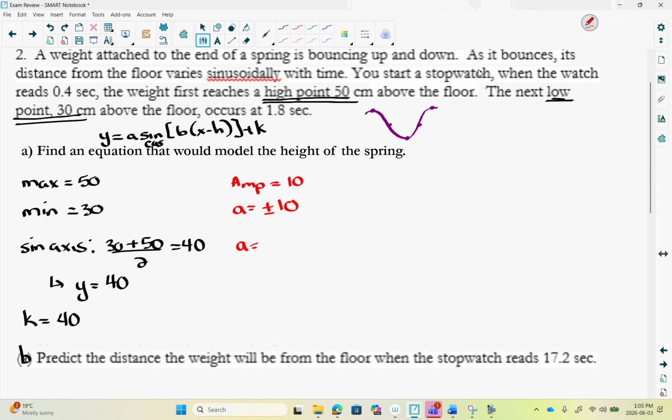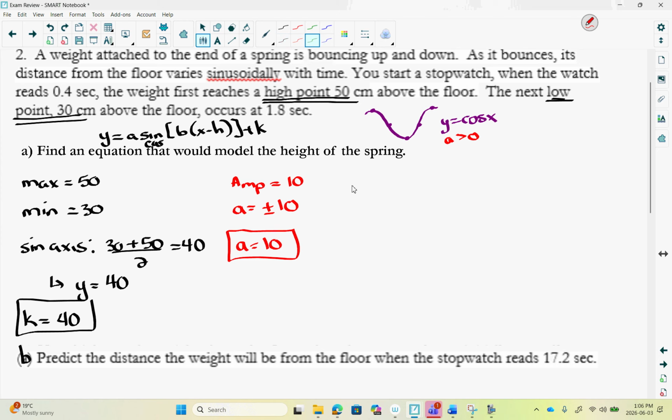Sine or cosine? It's a cosine curve. And with this cosine curve, so I know it's going to say cosine, is the a value a positive or a negative? Look at the board here. A is a positive. That means that little a would be a 10. So I know k and I know a.